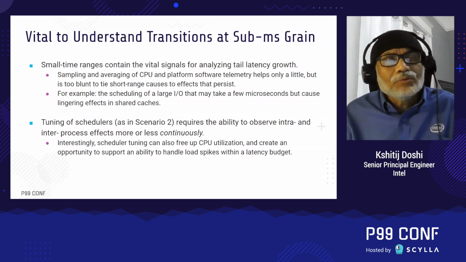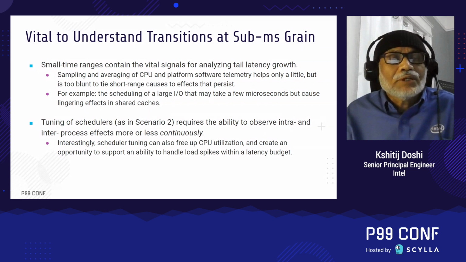Now, if we were to look at a second problem, in this scenario two, let's say that we were able to observe all of the intra-process and inter-process scheduling effects. We would still need to do that more or less continuously.